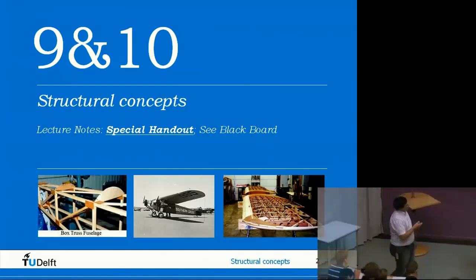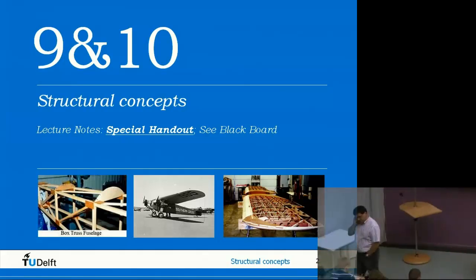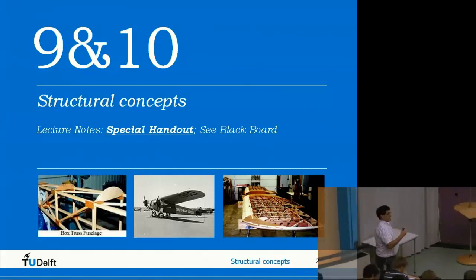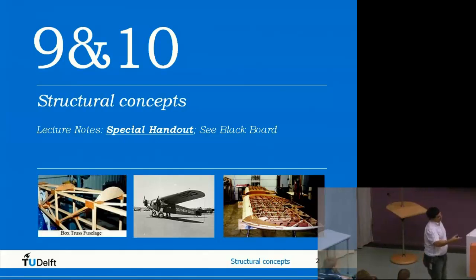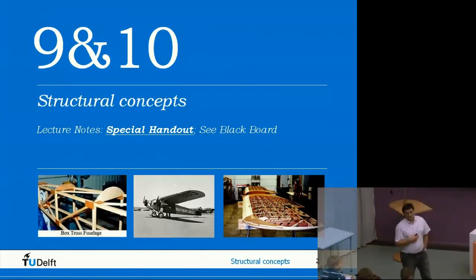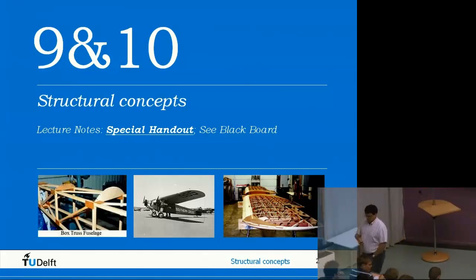Last year I also made a special handout for it, and I will put it also on Blackboard, so you can see it. And that's about structures and materials. So next time I will tell more about, when I come here, that's not next lecture, but second lecture from now. Then I will tell more about materials. Now I will focus much more on structures.